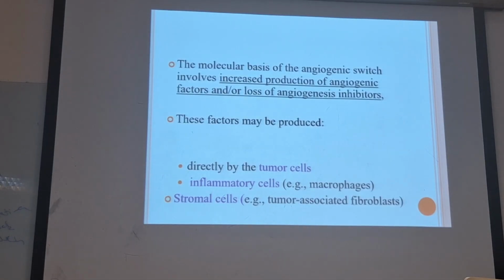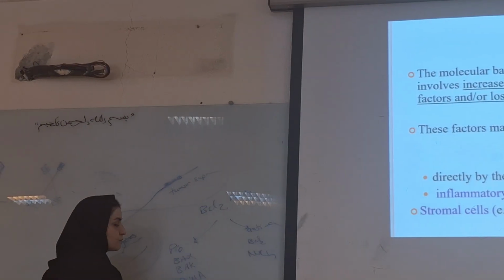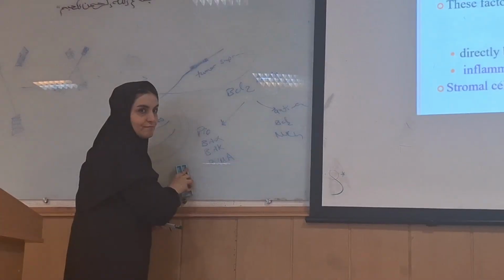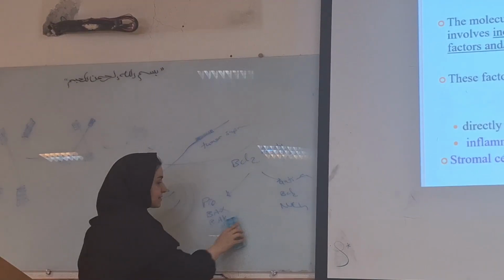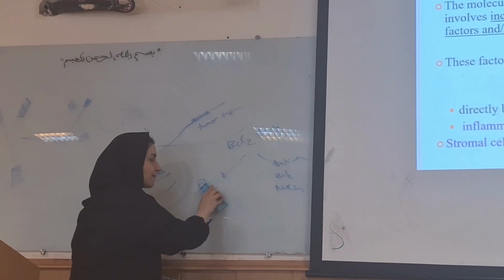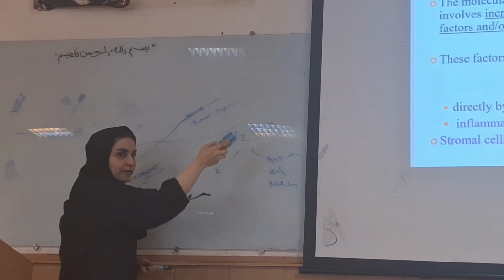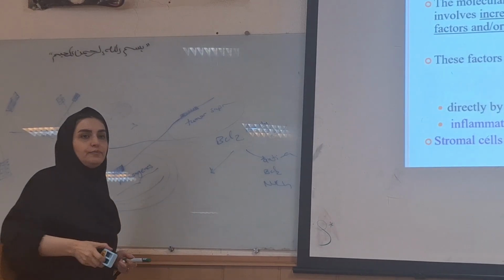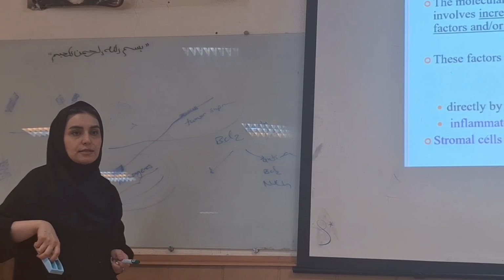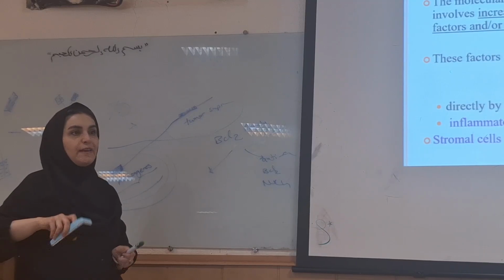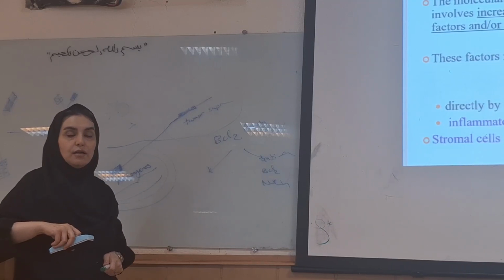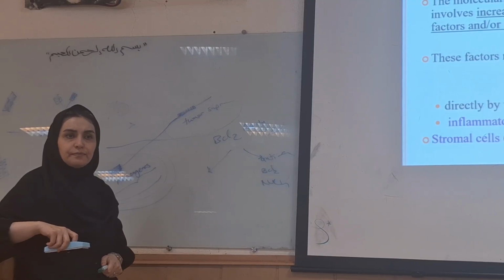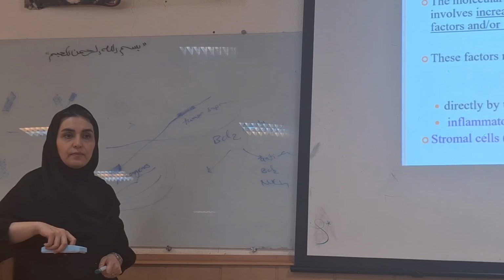Do you mean that we can inhibit angiogenesis, like by some drugs or something else? Yes, exactly. As I said before, we have some targeted therapy for each of these systems. Radiotherapy?